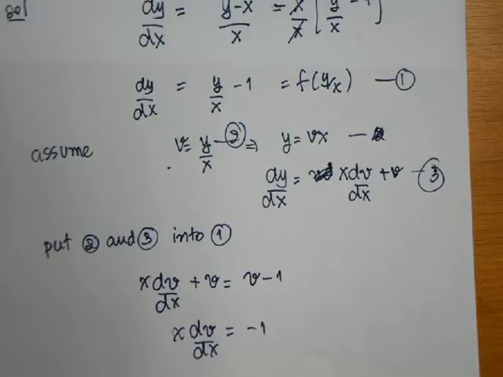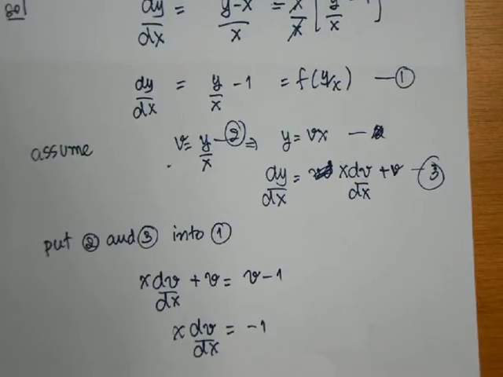Putting this into our differential equation that we rewrite in the term of y over x, the final equation would be in the term of dv by dx as a function of v and x, and this equation will be a separable equation. And the way to find the final solution is just using the separable equation technique.